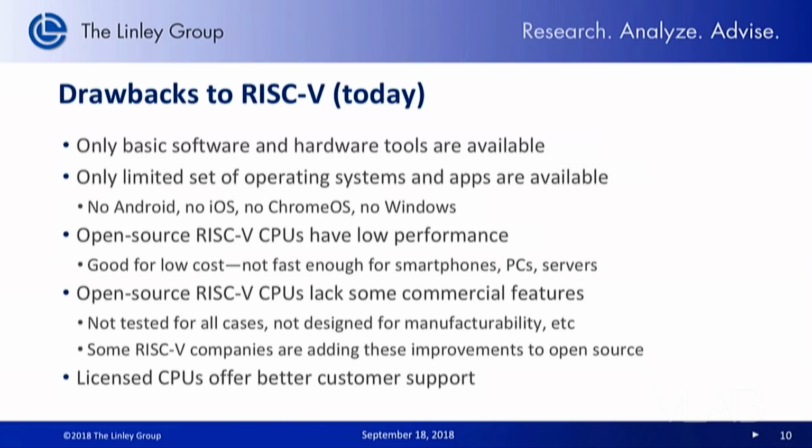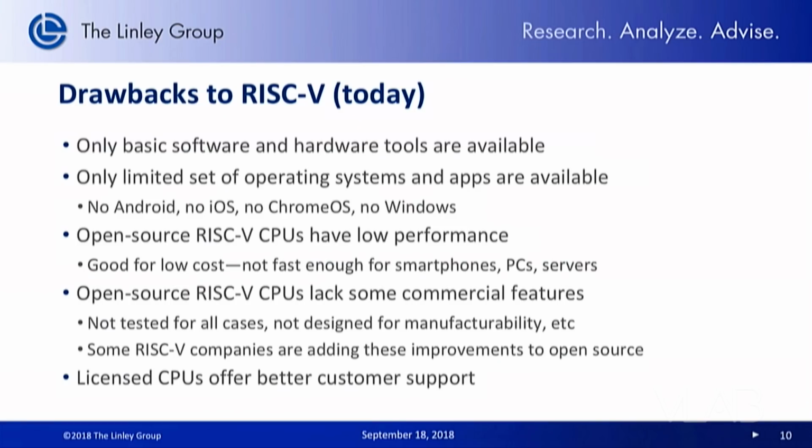There are still some drawbacks today to using RISC-V. Compared to established instruction sets like ARM and x86, the amount of software and hardware tools is more limited. The number of operating systems that run on RISC-V is also more limited. We don't have Android, we don't have Windows, some of the popular operating systems like that.